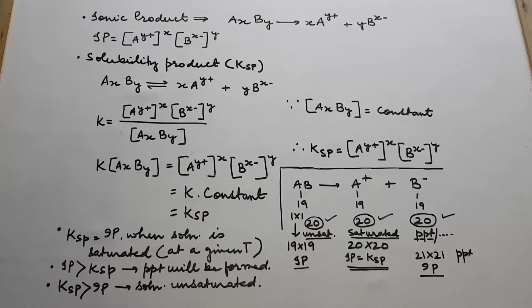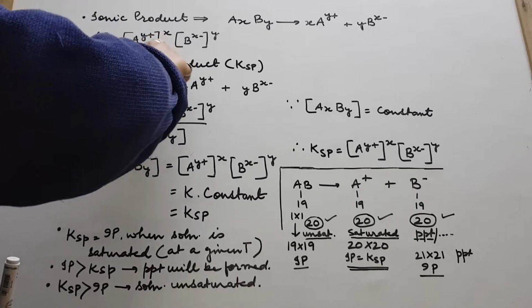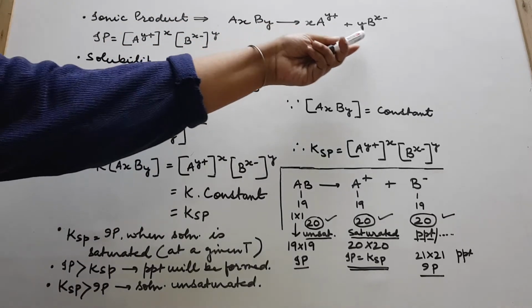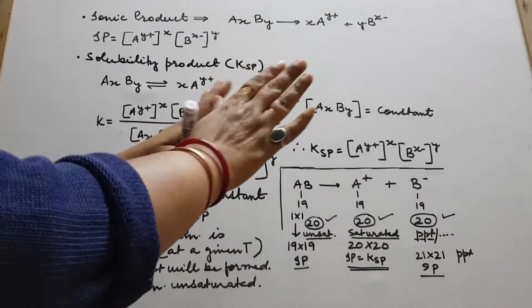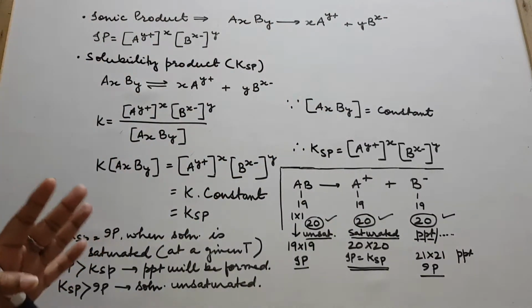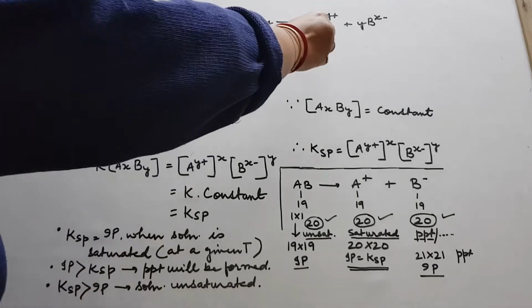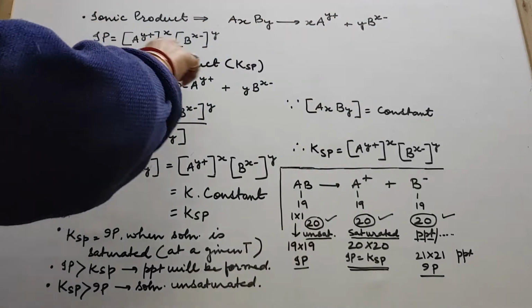What all you're putting, you are assuming it to be AxBy, because it will break up into x times A and y times B. Charges are for theory purpose, right now don't focus on the charges. Clear? So it goes this way.